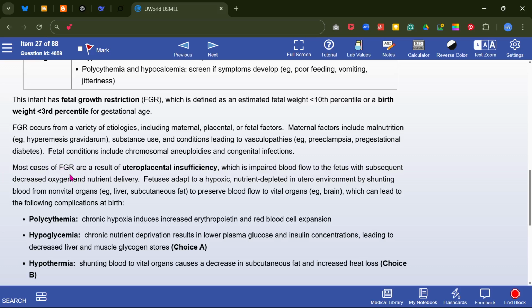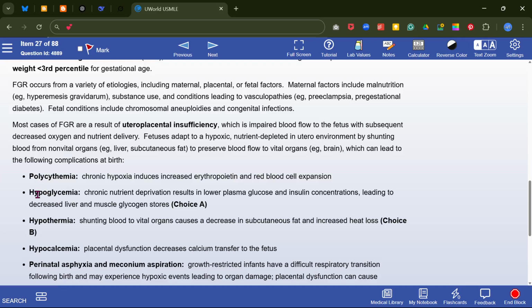Most cases of fetal growth restriction are due to uteroplacental insufficiency, which is impaired blood flow to the fetus with subsequent decreased oxygen and nutrient delivery. The fetus adapts to the hypoxic, nutrient-depleted in utero environment by shunting blood from non-vital organs, like the liver and subcutaneous fat, to preserve blood flow to vital organs, which can lead to polycythemia, hypoglycemia, and hypothermia.